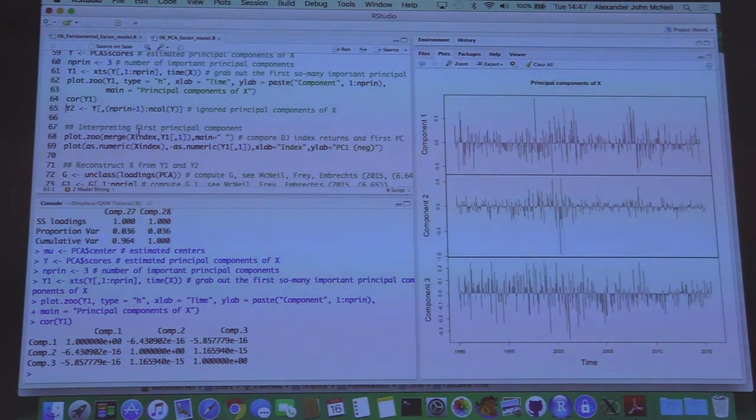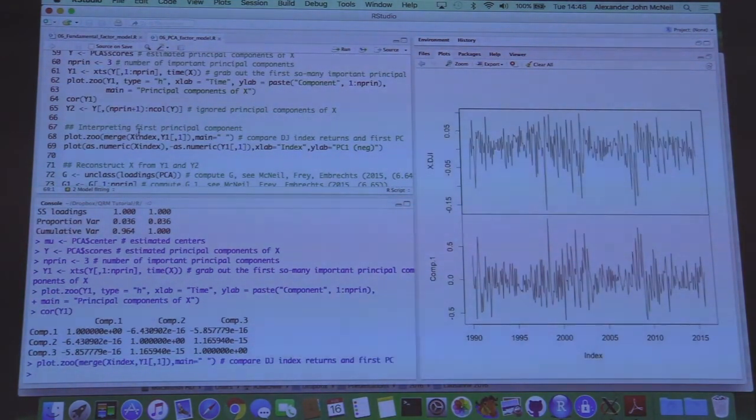Well, let me do something. Let's take that first principal component, interpreting the first principal component. I will show you the first principal component. That's the returns on the Dow Jones Industrial Average, and that is the movements of the first principal component.